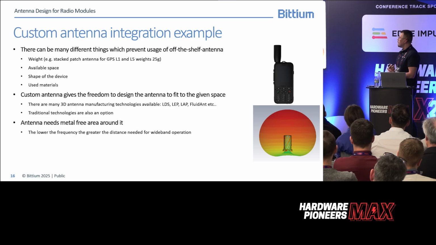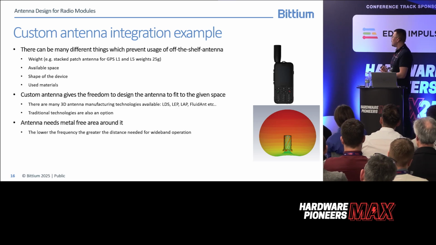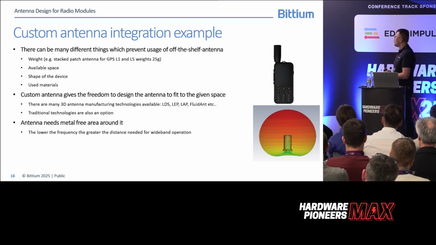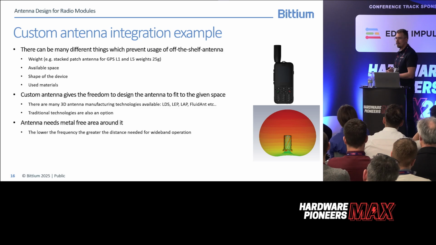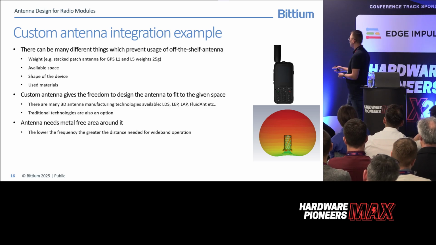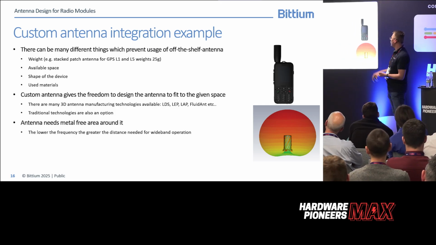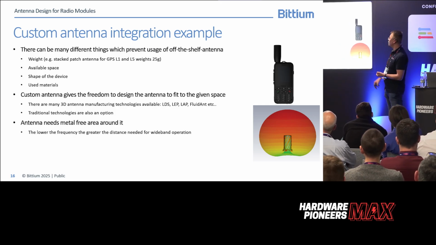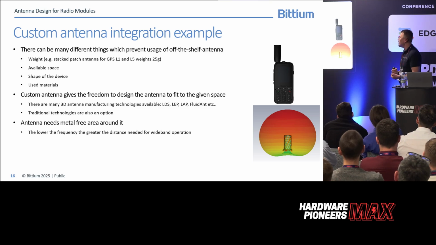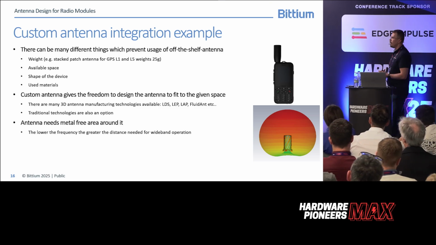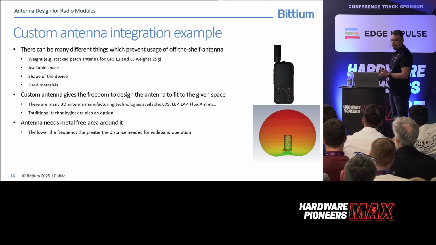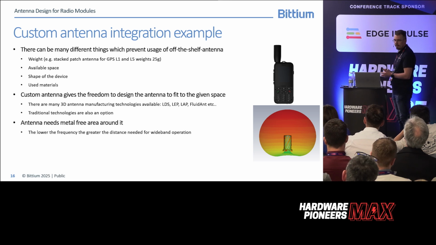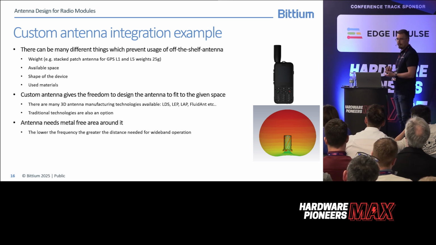About custom antenna integration: here is a picture of a mobile phone that we designed for the Mexican government, and this is the satellite connectivity antenna and its simulated radiation pattern. There are many different things which prevent the usage of off-the-shelf antennas. For example, weight.